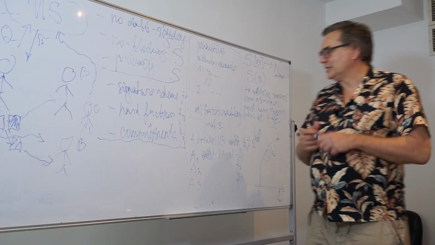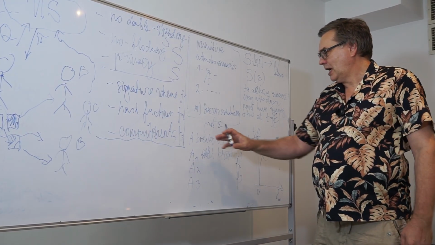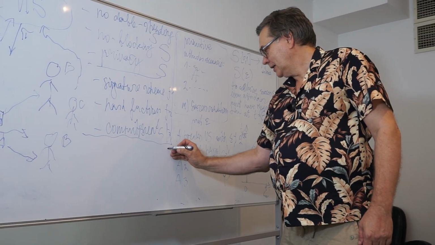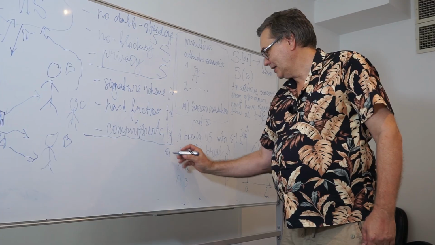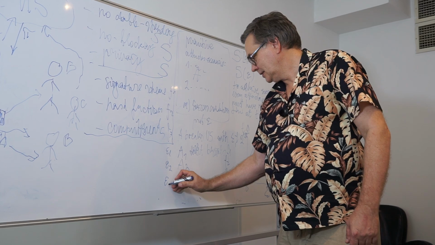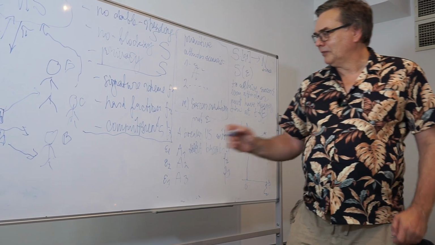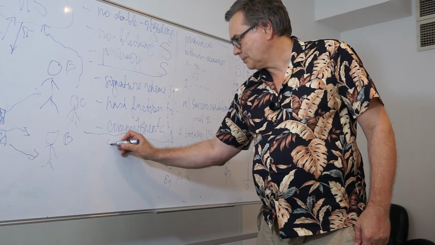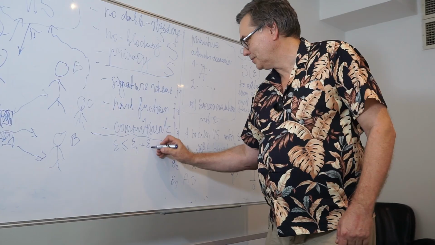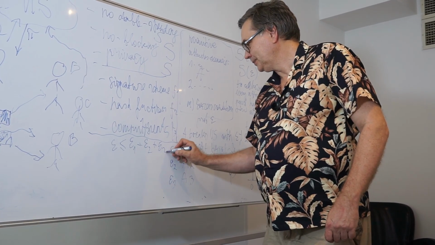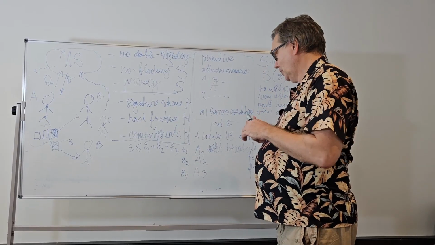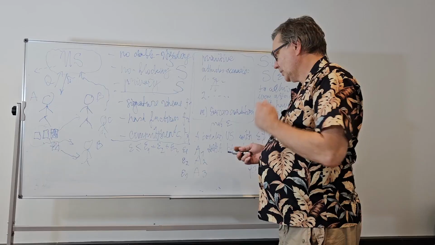And we have a proof that, say, if A is successful with probability epsilon, then A1 has success epsilon 1, A2 has epsilon 2, A3 has epsilon 3. And we proved the relation that epsilon is smaller or equal than epsilon 1 plus epsilon 2 plus epsilon 3. What does it imply?